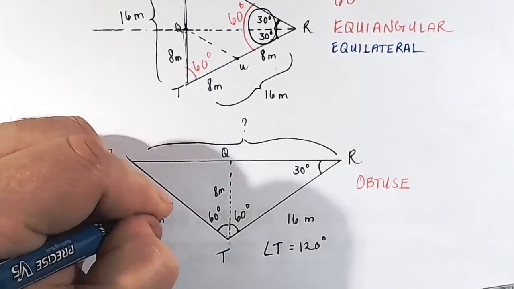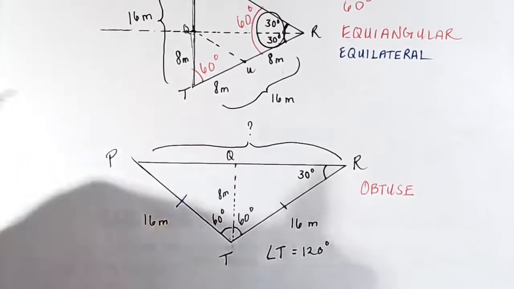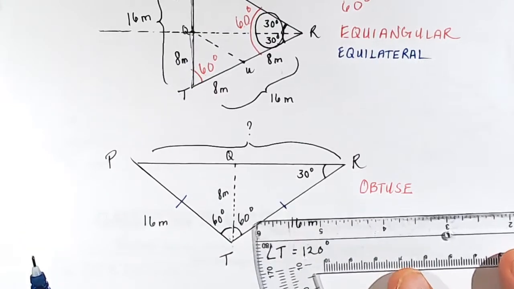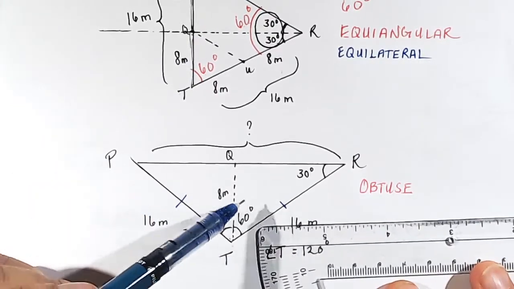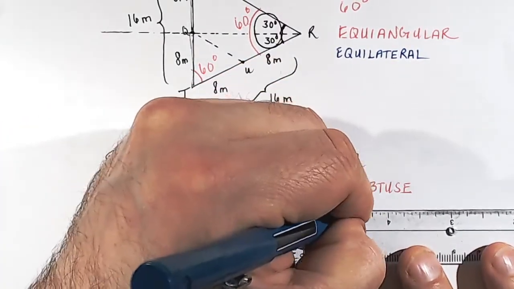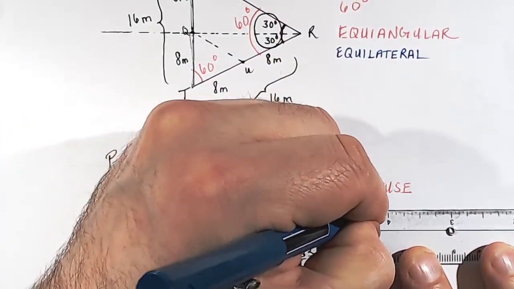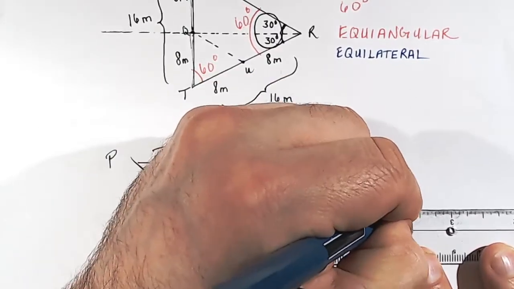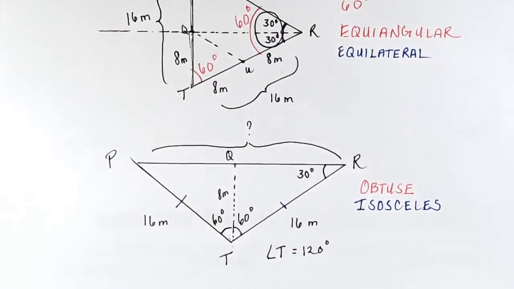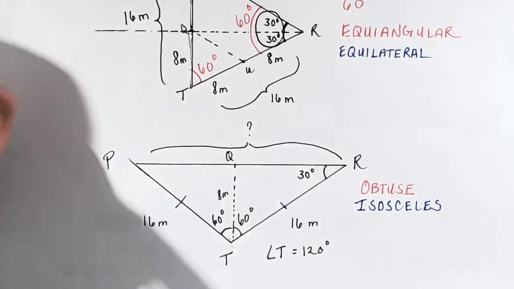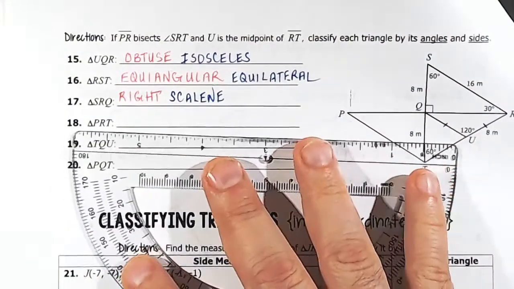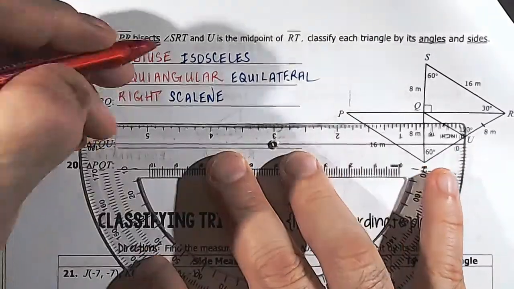So these two sides are equal, and because those two sides are equal, the whole triangle is classified as isosceles. ISOSCELES. So this is an obtuse isosceles triangle. Triangle PRT. Obtuse isosceles.